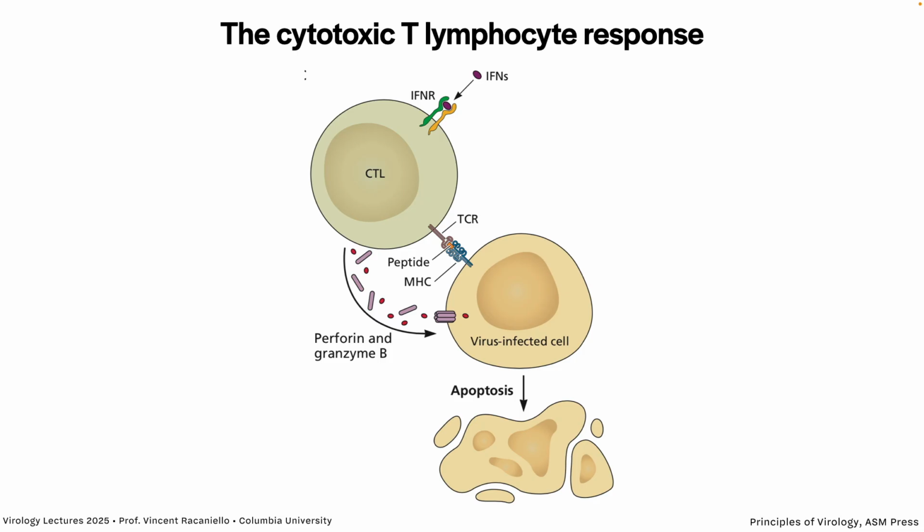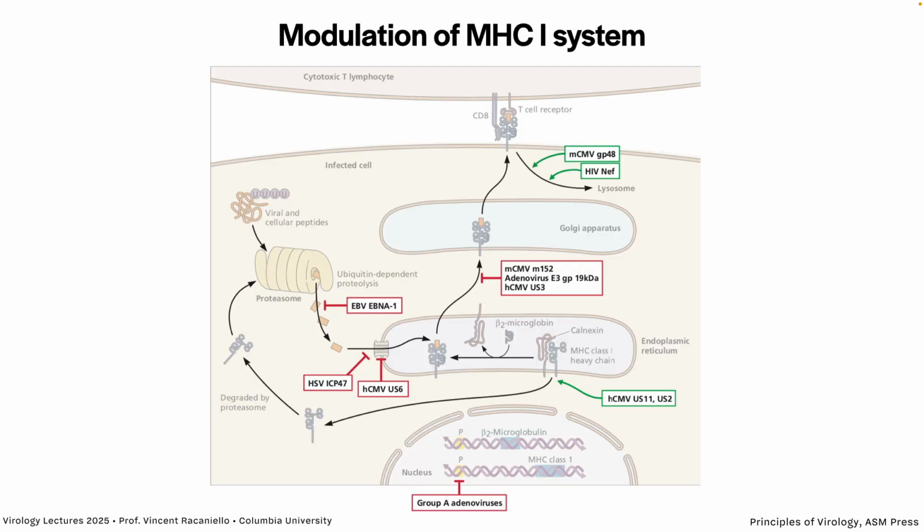If the peptide fits in the T cell receptor, that means it's foreign, and then the CTL will kill the virus-infected cell by inducing apoptosis. We talked about this before. This MHC1 system, where most cells in your body display peptides in the context of MHC1, is subject to quite a bit of virus modulation.